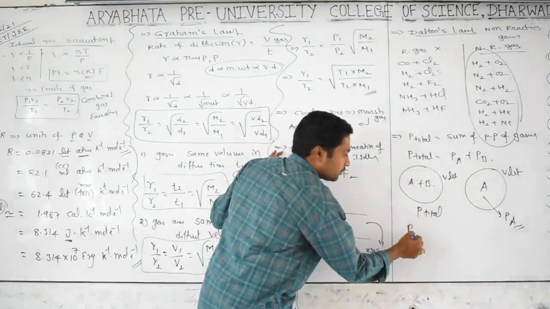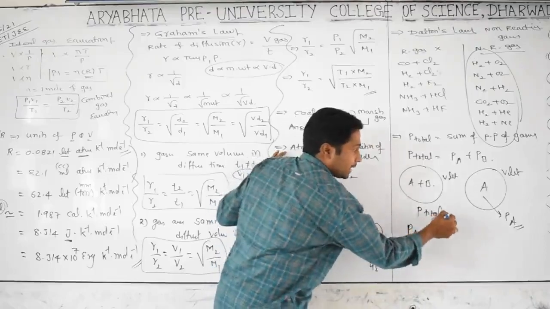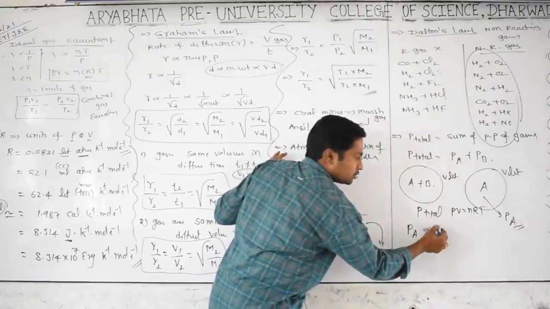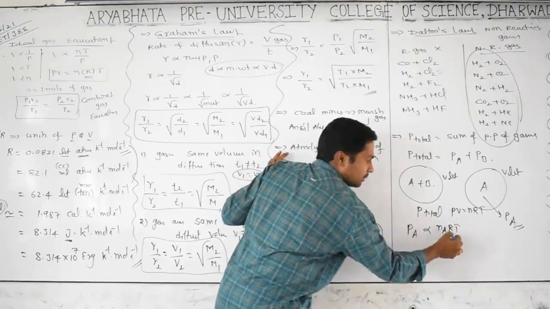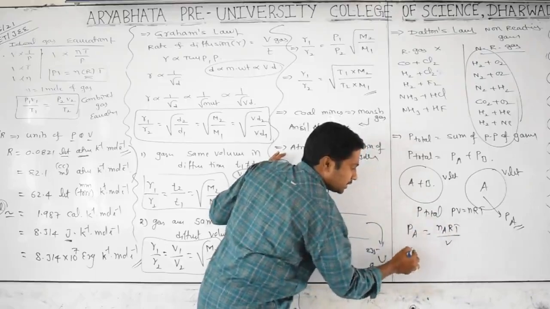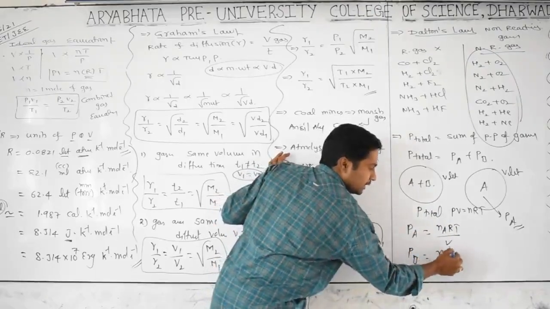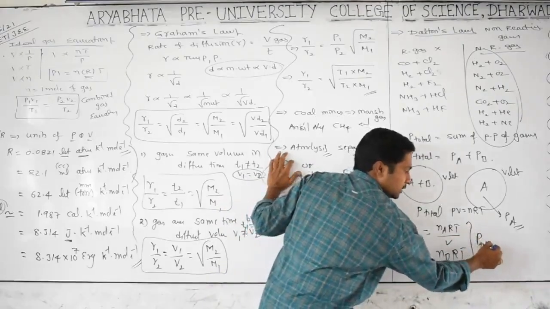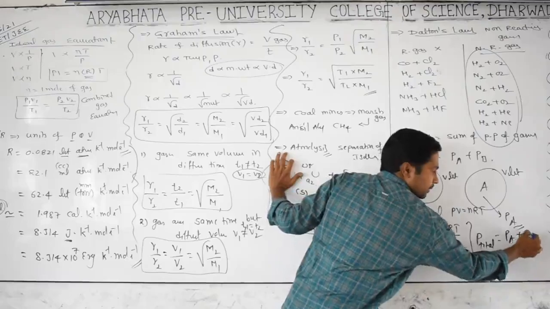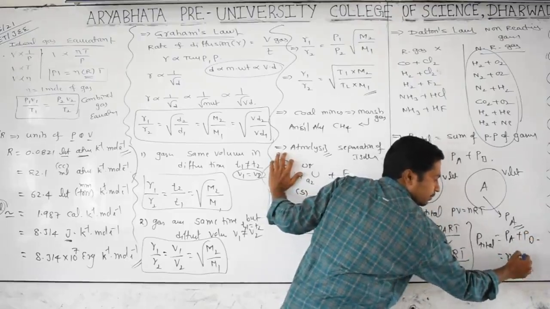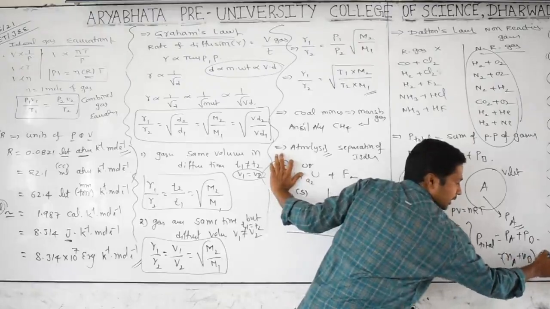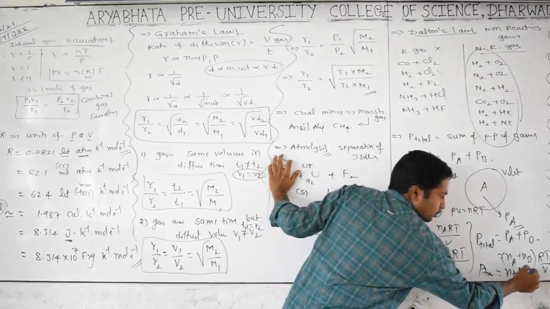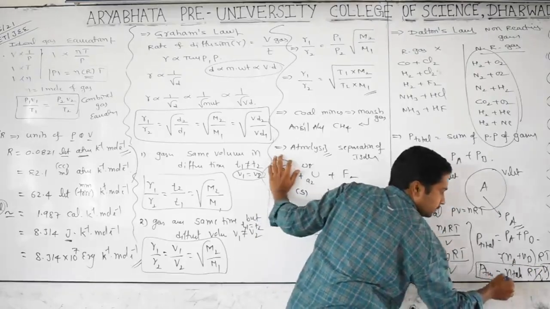From the ideal gas equation PV equals nRT, the partial pressure of A gas is equal to number of moles of A times RT by V. Like that, partial pressure of B gas is equal to n of B into RT by V. Total pressure P total is equal to PA plus PB, so we get n of A plus n of B into RT by V. The total pressure is equal to the total number of moles into RT by V. This is what we get.